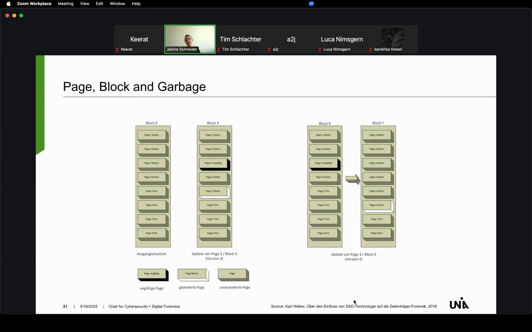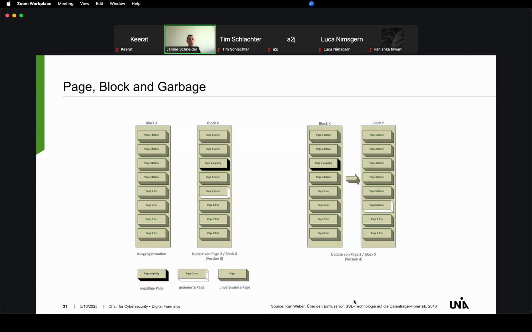I cannot answer the question of why you cannot overwrite the same page. Maybe because of wear leveling and garbage collection mechanisms. But according to these strategies, you don't write to the same page again.